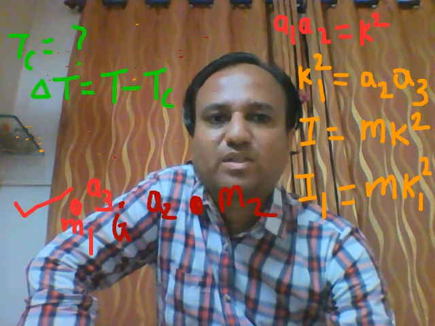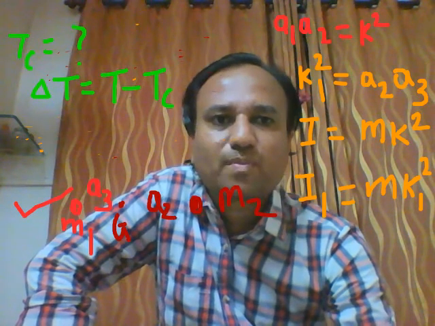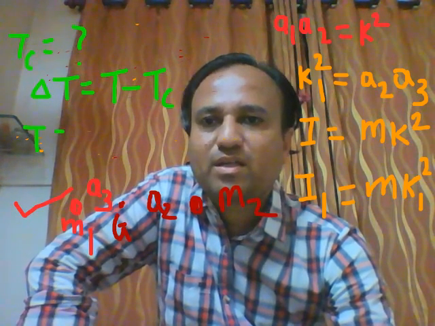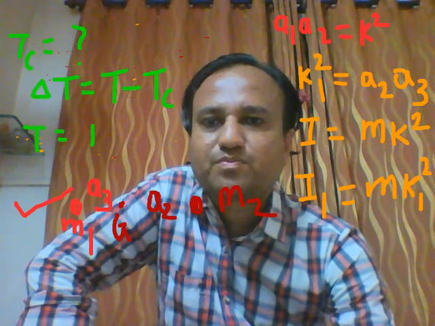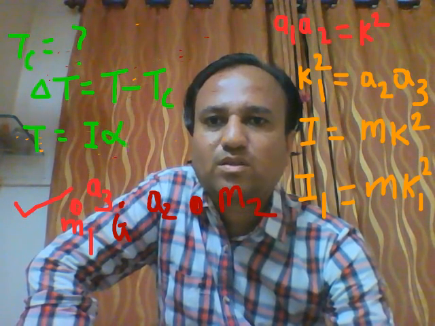Substitute the value of T. What will be the value of T? T will be I into alpha.